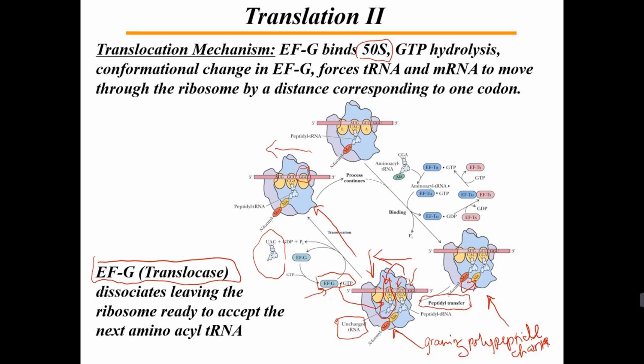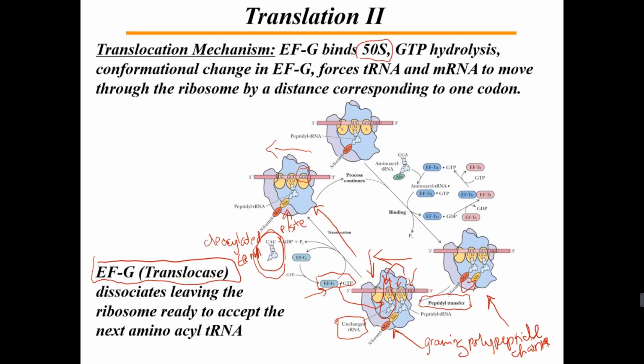So now our growing polypeptide chain is located in the P site. We've lost our deacylated tRNA. And when this occurs, the movement of the peptidyl tRNA into the P site shifts the mRNA by one codon, exposing the next codon that's to be translated in the A site.